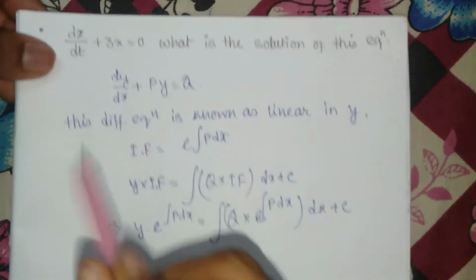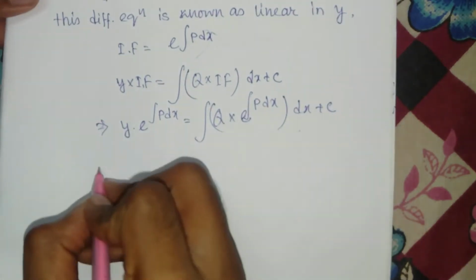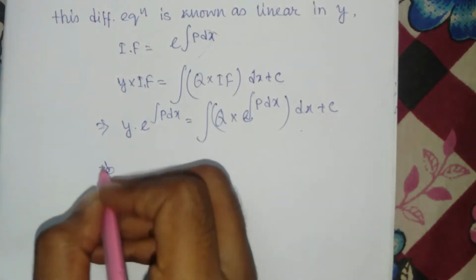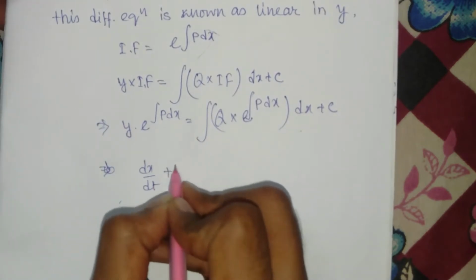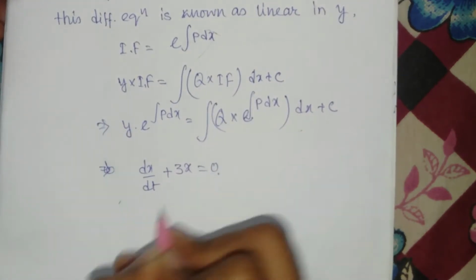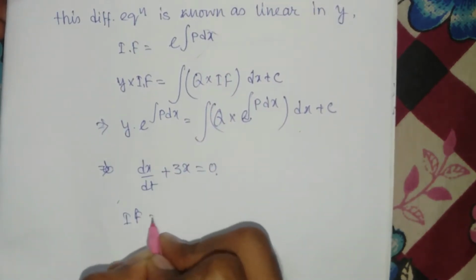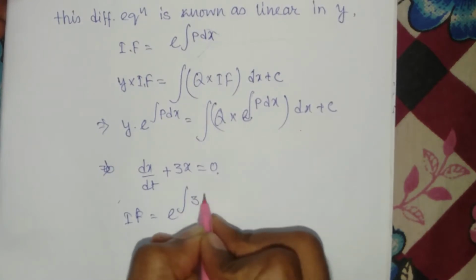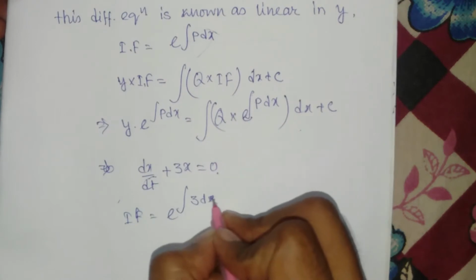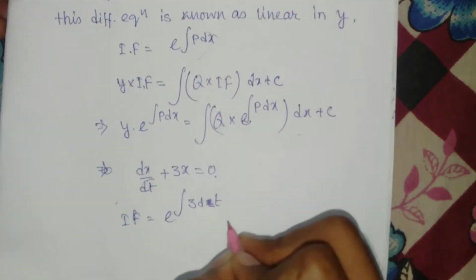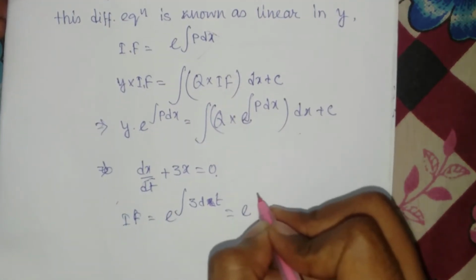The Q value is 0. So here, putting the value of Q, we get dx/dt plus 3x is equal to 0, where the integrating factor is e to the power integration of 3 dt. Actually it is a function of t, so e to the power 3t.